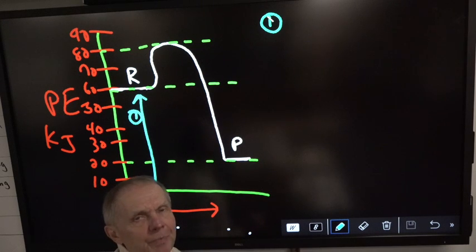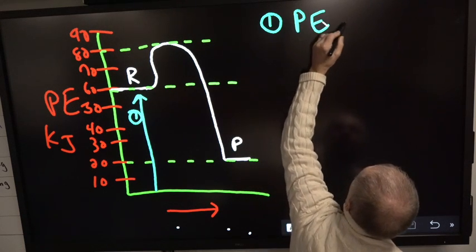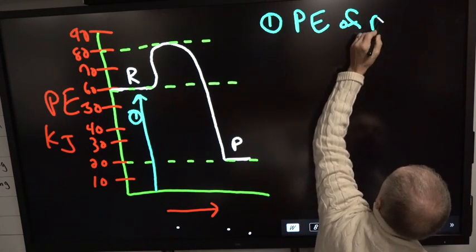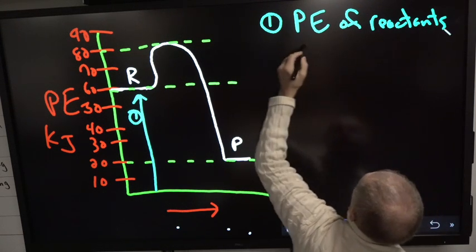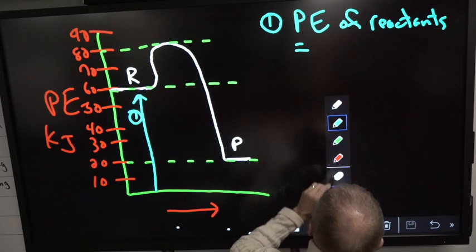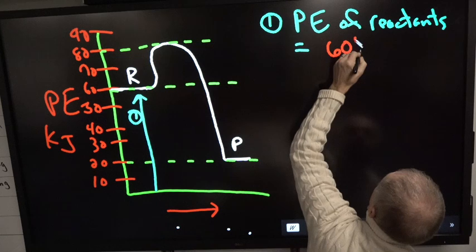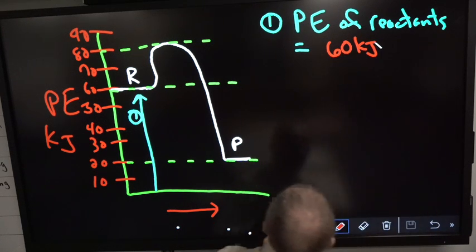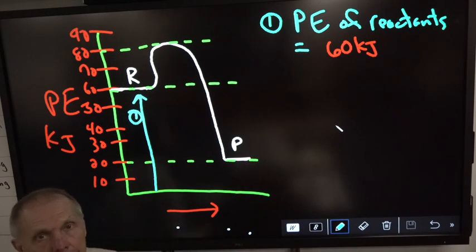And that's just the PE, or potential energy, of the reactants. PE of reactants equals 60 kilojoules. All right, that's line segment 1.